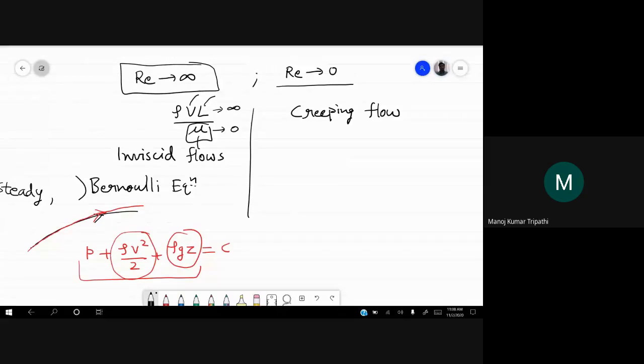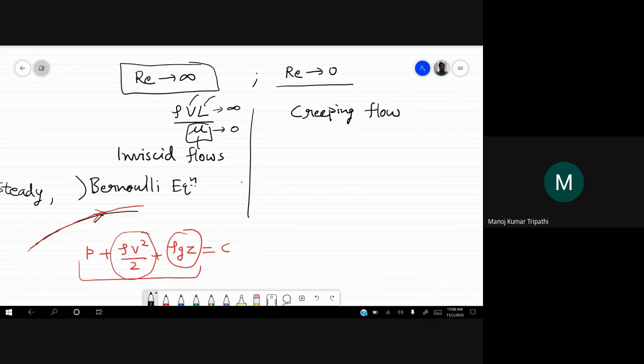Here we have not derived anything like a Bernoulli equation along a streamline. We just derived the Navier-Stokes equation for creeping flow. We also derived the dimensionless governing equation for creeping flow.